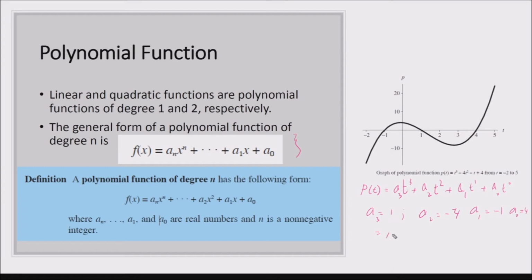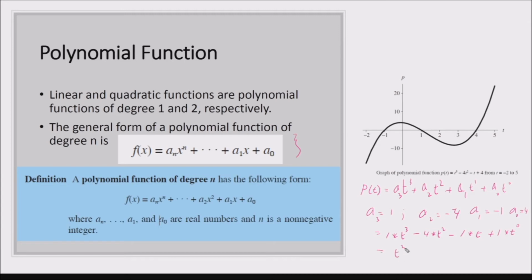This means 1 multiplied by t^3, -4 multiplied by t^2, -1 multiplied by t, plus 1 multiplied by t^0. So what is this?